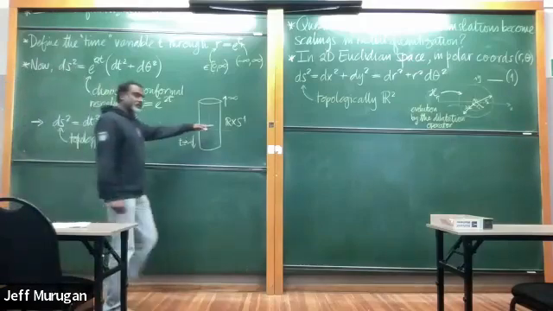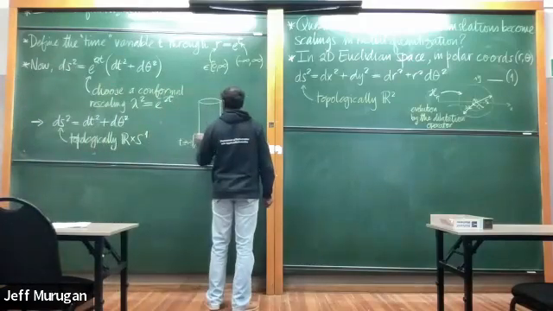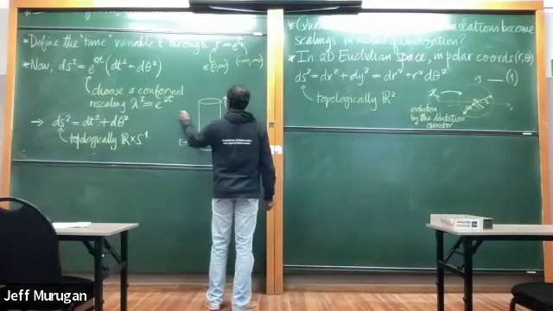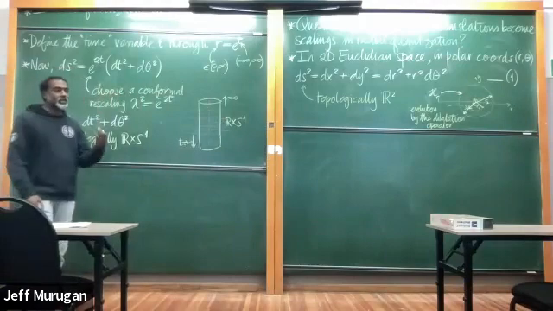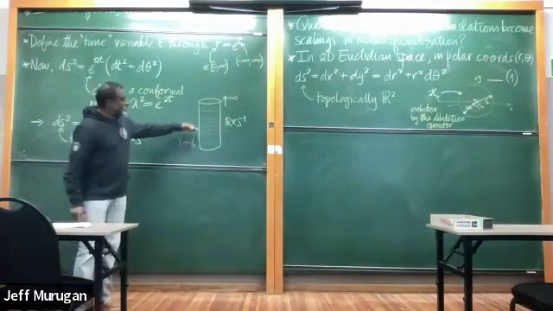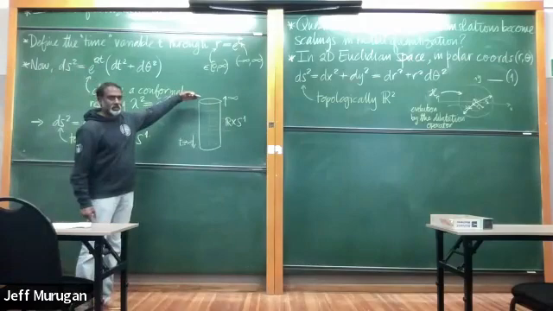Now, if I foliate this cylinder with equal time slices, it is a Euclidean Hamiltonian that translates us along these slices, t equals minus infinity to infinity.